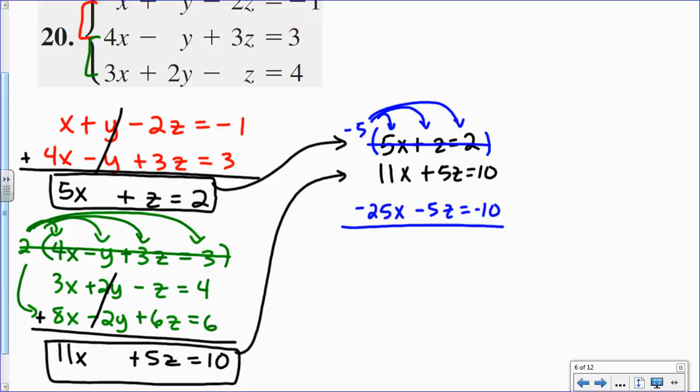Okay. So that is -14x equals 0. So x equals 0. That's okay to get a 0 as a number. Let's plug that back in.